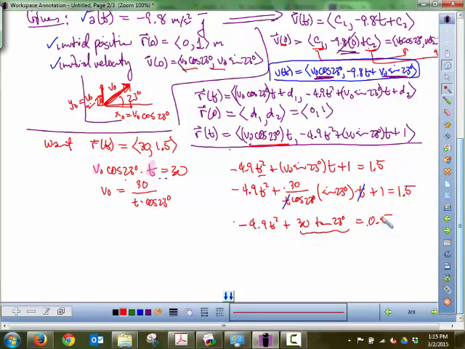And so let's bring that over to the other side. Negative 4.9 t squared is equal to negative 12.23. Divide by negative 4.9 becomes positive.